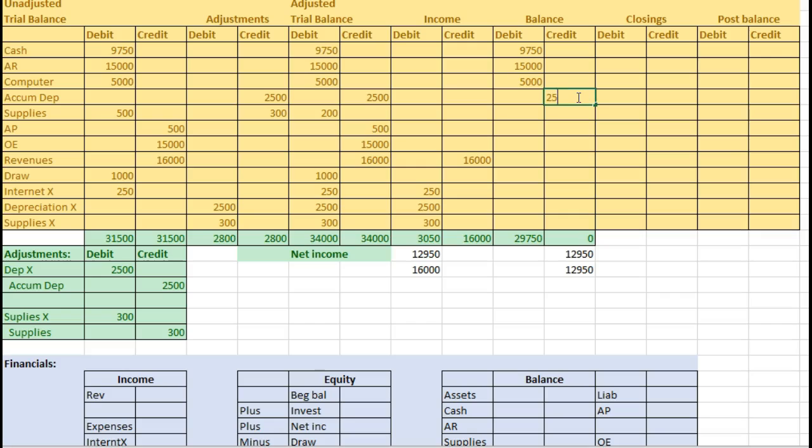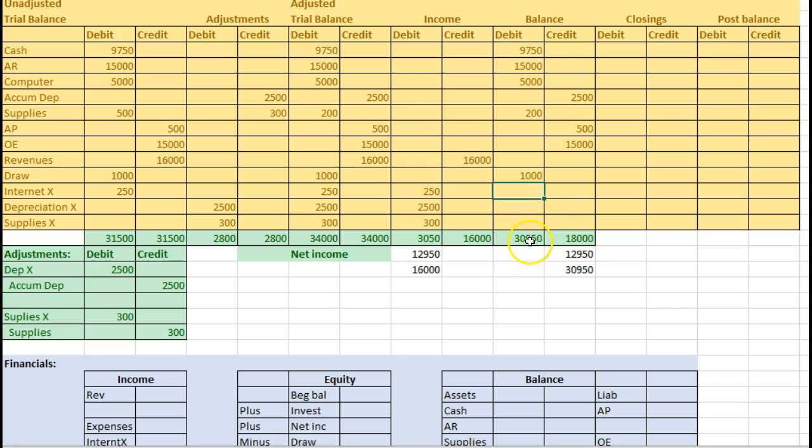I have a $2,500 credit for the accumulated depreciation. My supplies are at $200. My accounts payable is at $500. See, that's a credit. My owner's equity is at $15,000. Oh, I have, this has to come over first. The draw, we can't forget it. That goes on my balance sheet too.